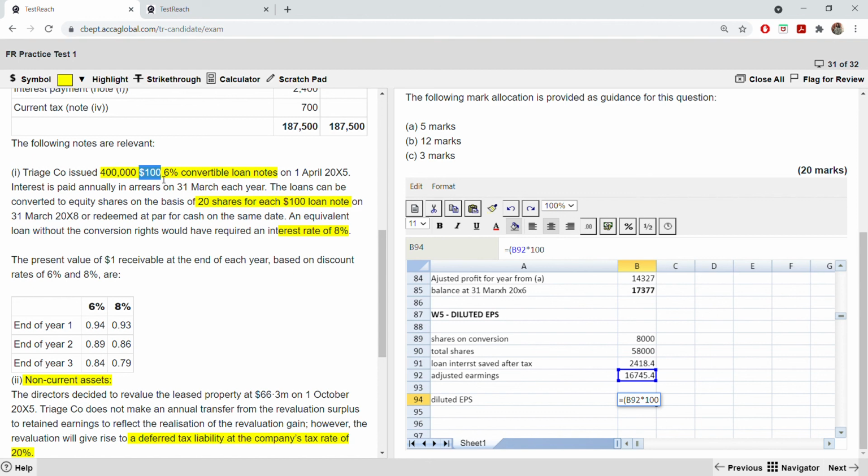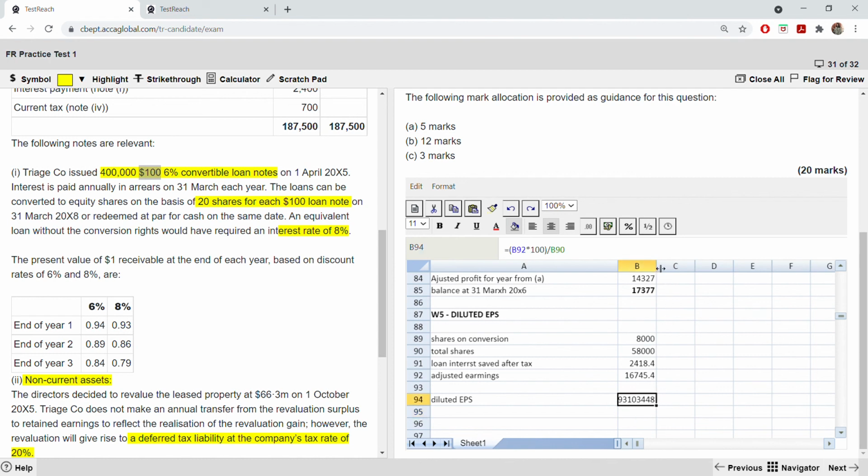Once you multiply by 100, close the bracket and divide it by 58,000, the total shares. Because for earnings per share, your earnings will be on top and your total shares below.